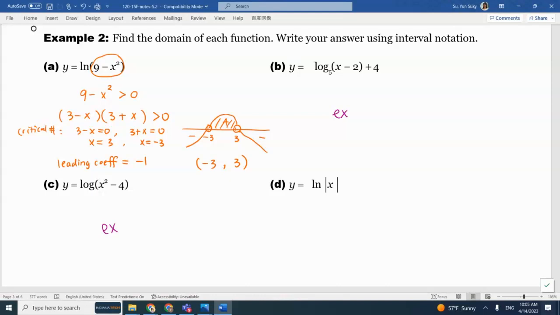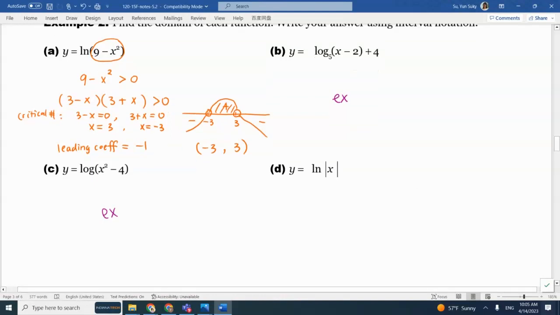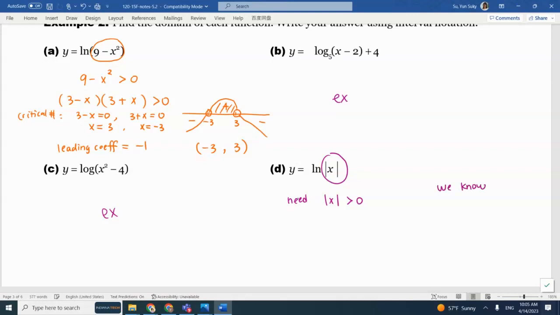Problem D is a little bit interesting. We need the thing inside the ln to be positive, therefore we need absolute value of x greater than 0. We know that absolute value of x is greater or equal to 0.